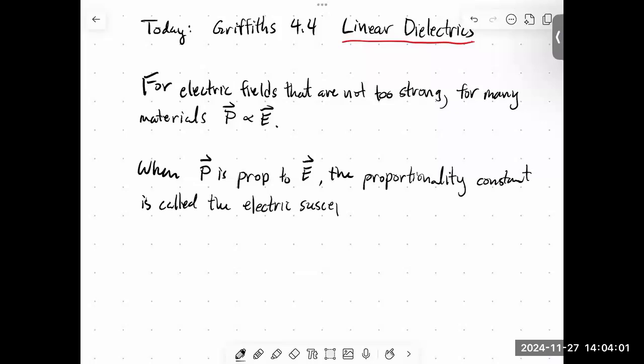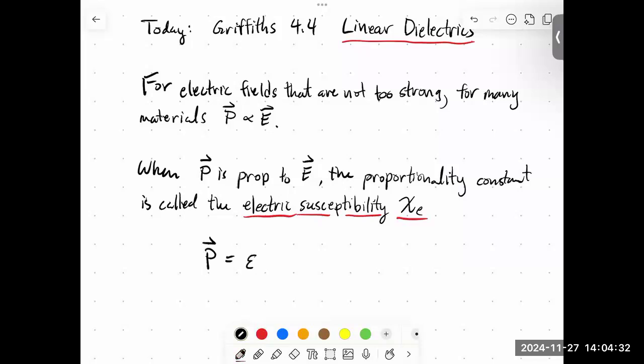A lot of what we're doing for these dielectric materials and electric fields is going to translate to magnetic materials and magnetic fields. So we'll have a magnetic susceptibility next week. This is the electric susceptibility, the Greek letter chi. So we say the polarization is equal to epsilon naught chi times E.